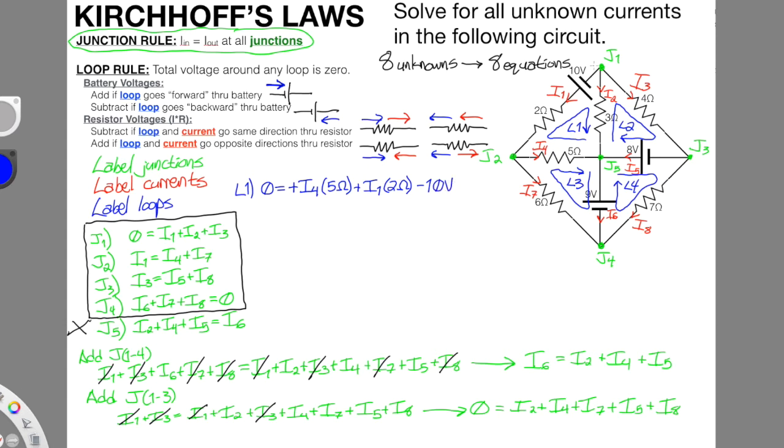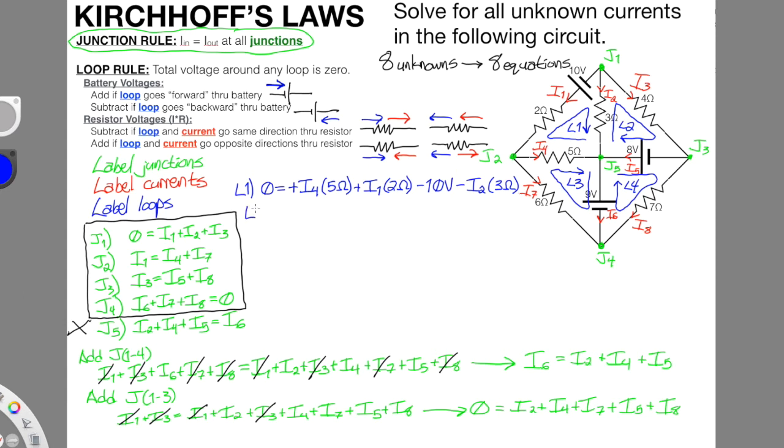And the last thing on loop 1 is we go down through the 3 ohm resistor to get back to our starting point, and the labeled current I2 also goes down. So since the loop and the current are in the same direction, this time we will subtract our resistor voltage. Now we're back to where we started, so this is our loop 1 equation.